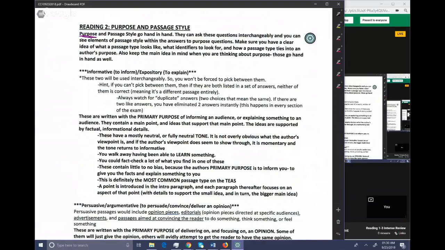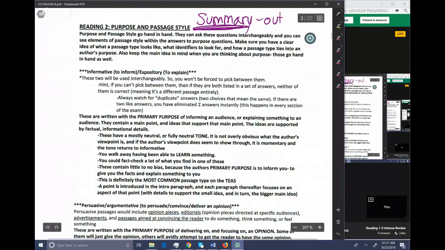Again, if you're using critical strategy and you're mastering these passages as you're seeing them, they'll both be obvious right off the bat. You'll know your main idea, you'll know your focuses, you'll be able to outline and summarize your passage right off the top of your head. You'll know the purpose, and you'll know the passage style. And keep in mind, summary is still coming up because summary was reading 3. But keep in mind, summary is your outline.